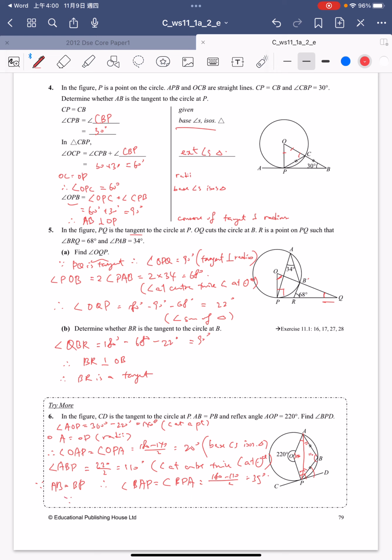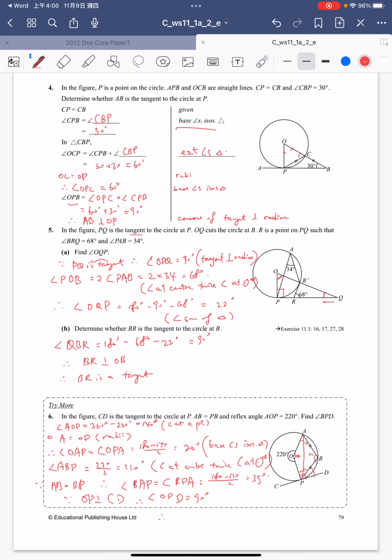So as we have OP perpendicular to CD, the angle OPD should be equal to 90 degrees. So our required angle is this one, which is this 20 degrees plus 35 degrees plus the required angle equal to 90 degrees.